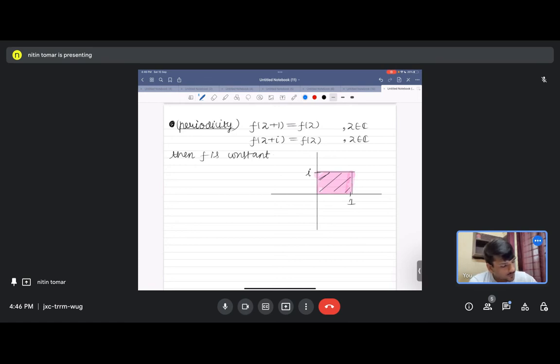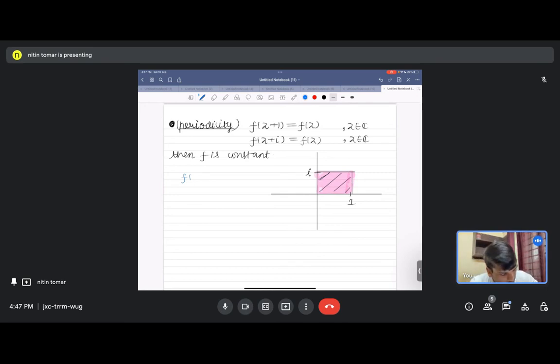That you cross. So it says f of z plus 2 is same as f of z, right? Yes or no? Yes, sir.